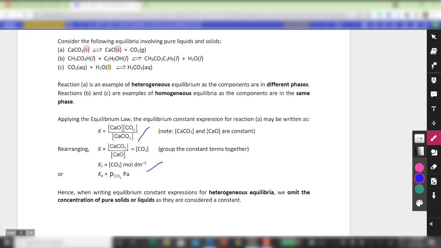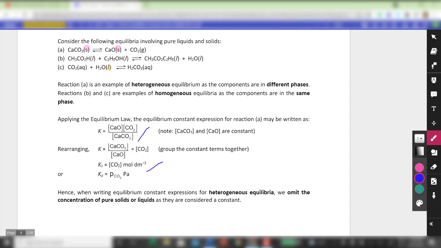That's because the concentration of solids is a constant, since solids have a fixed density. Whether you have a bigger piece or a smaller piece of solid, the density is fixed. So usually they are subsumed into the equilibrium constant, and we just call it K.